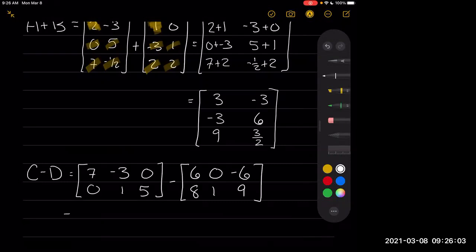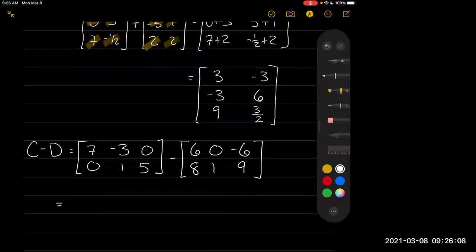So now, when doing our subtraction, we're going to do a similar thing. We're going to do 7 minus 6. And then we're going to do negative 3 minus 0. And then we're going to do 0 minus 6.